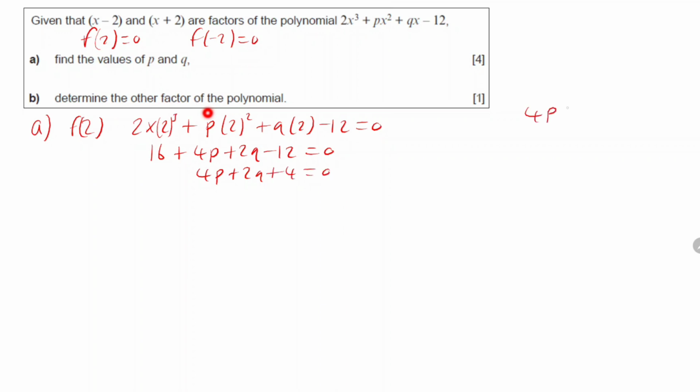So our first simultaneous equation will be 4p plus 2q equals minus 4. Let's write that up here because we're going to have to use that after.